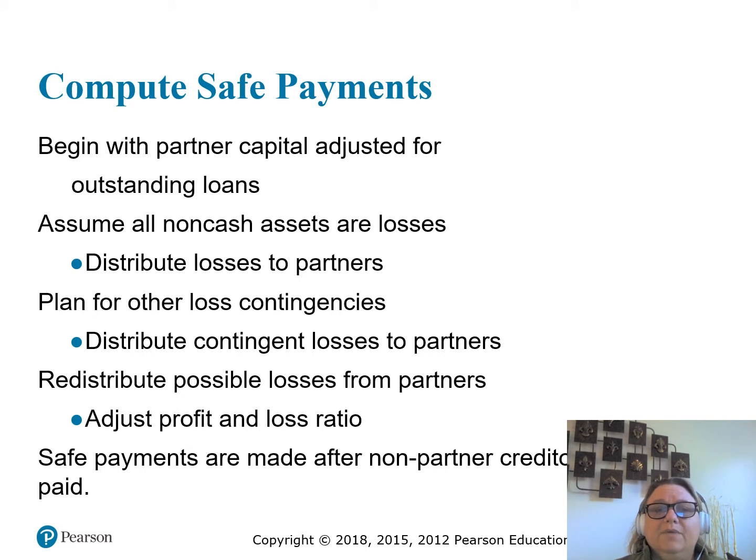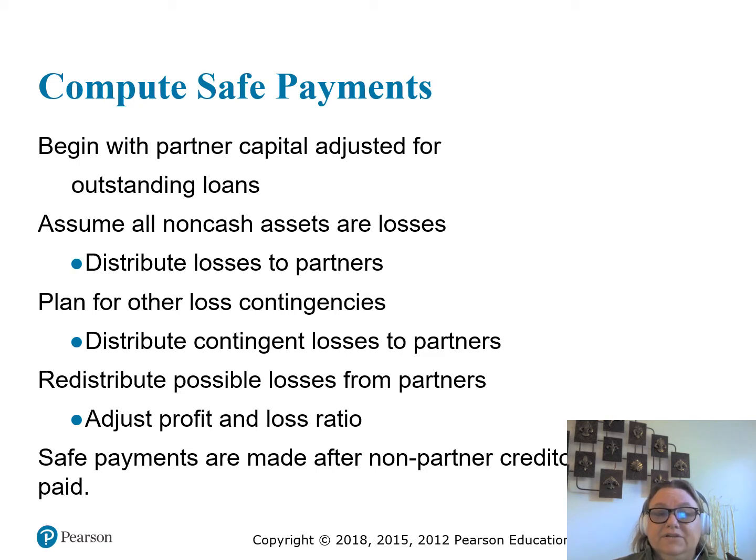So, how do we compute safe payments? The first thing you do is begin with the partner capital adjusted for outstanding loans. Assume that all non-cash assets are losses. Distribute the losses to the partners. Plan for other loss contingencies.